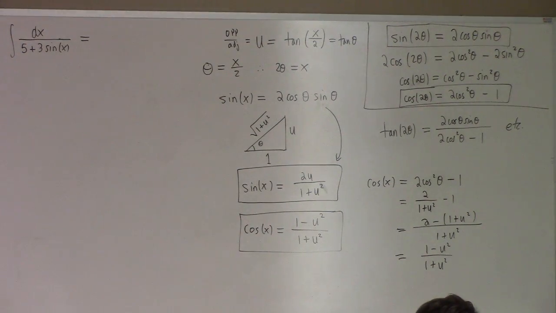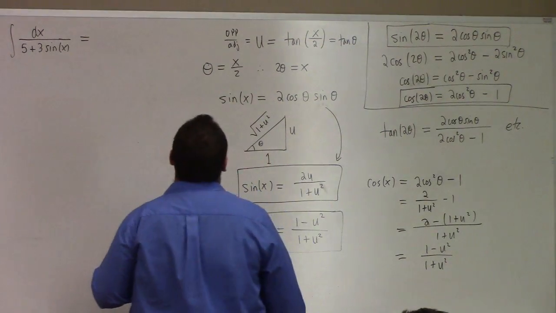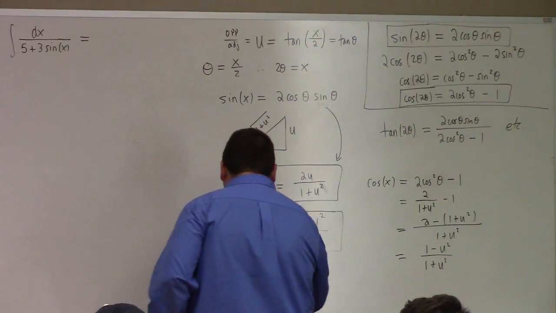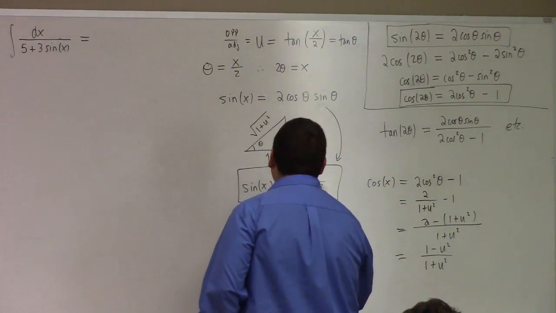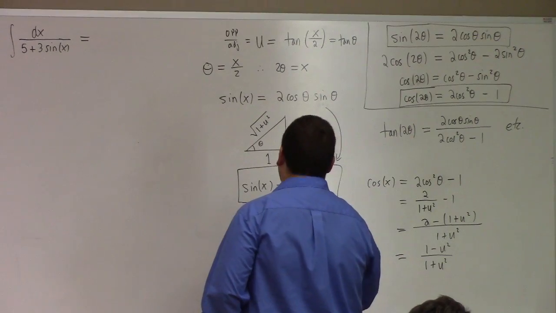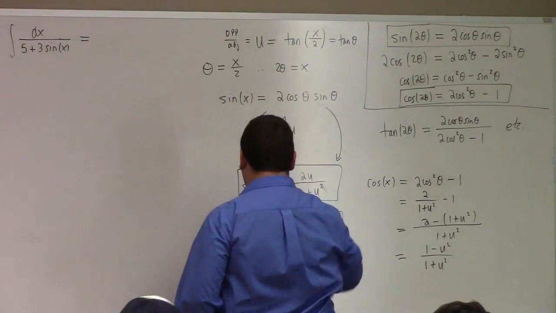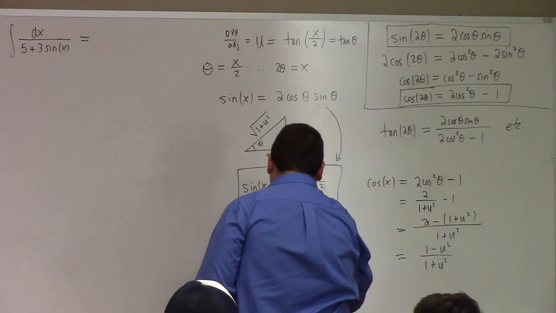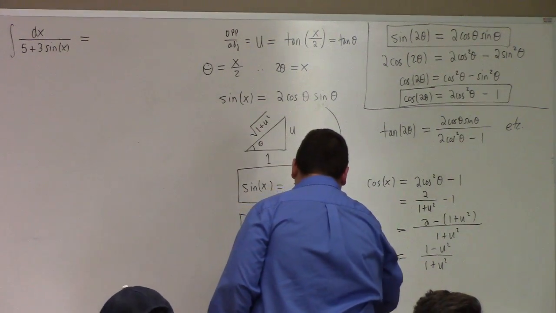So what's dx in this wild world of the Weierstrass substitution? Differentiate that, you get du equals 1/2 secant squared of x over 2 times dx, right?